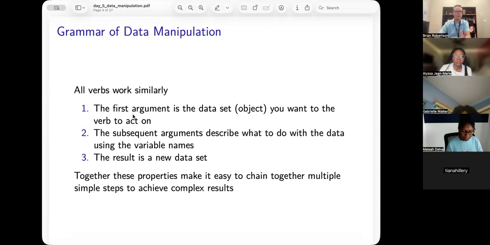If we're dealing with something like ggplot, that's going to pass a plot, right? And the nice thing about dealing with this sort of grammar framework is that we can just keep passing things so long as they're the input for something else, right?